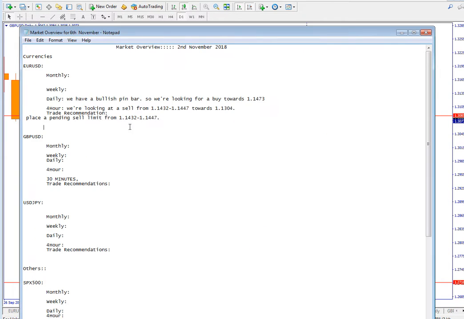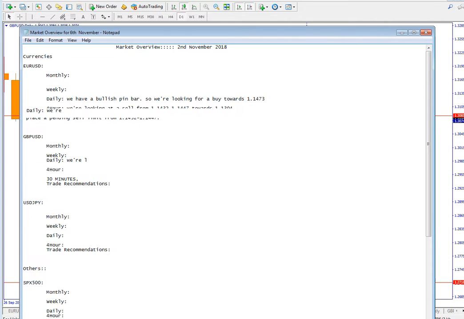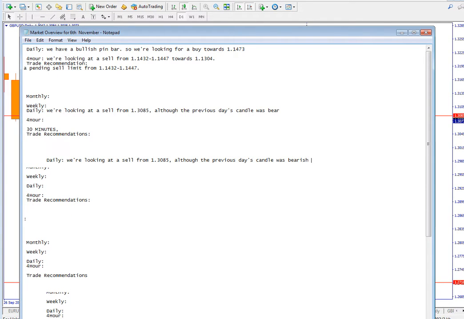So we need to say that you're looking at GBPUSD daily, we are looking at a sell from 1.3085, although the previous day's candle was a bullish pin bar candle.